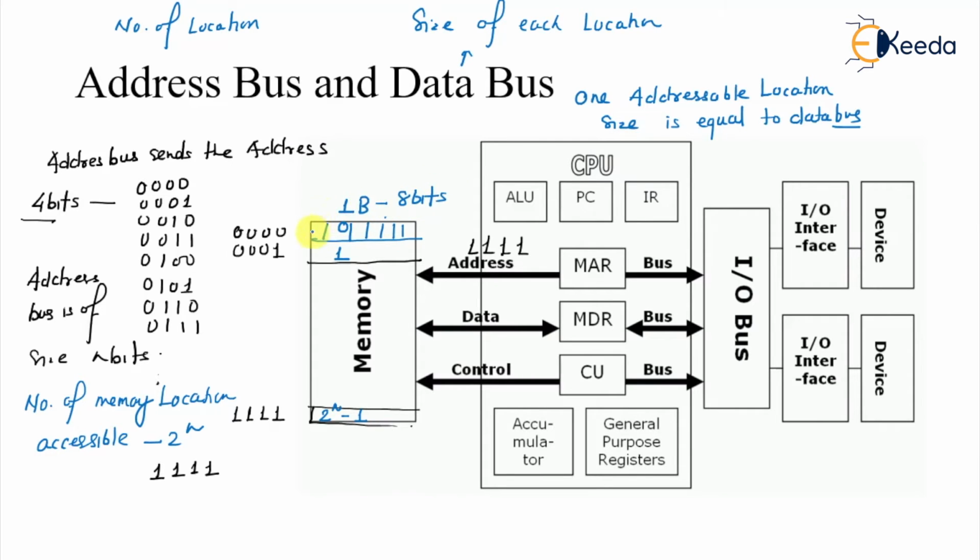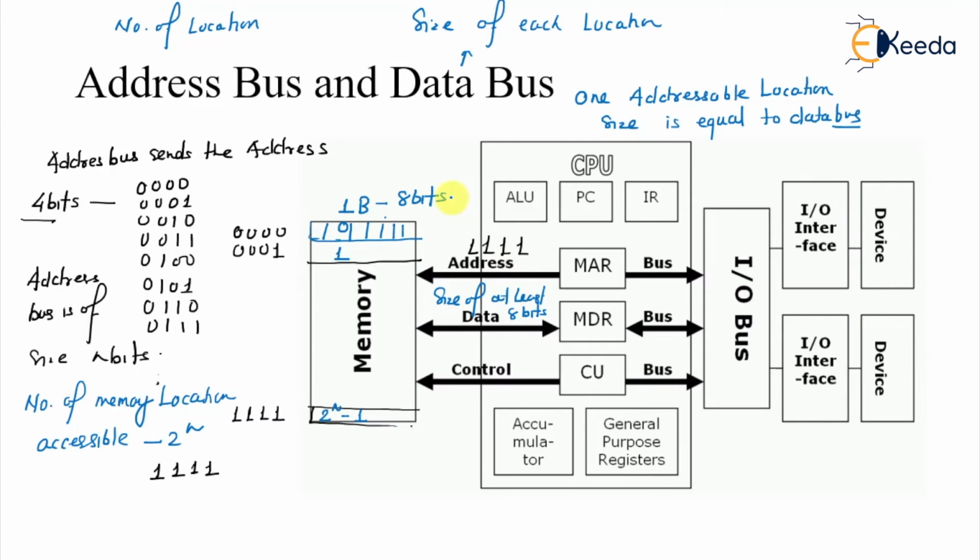When you access this location, 8-bit information can be accessed, and this data bus should be of size at least 8 bits. So that is how address bus and data bus have been defined.